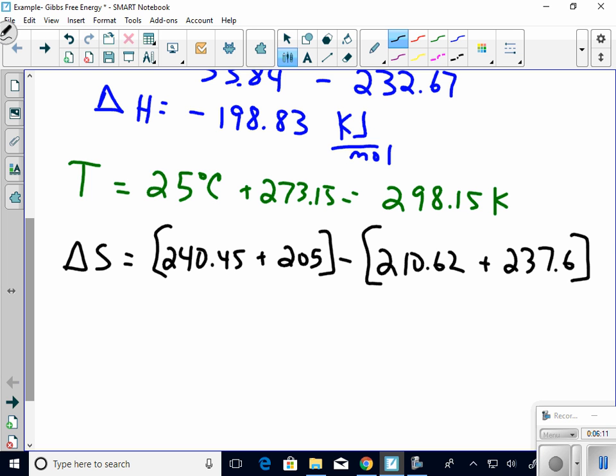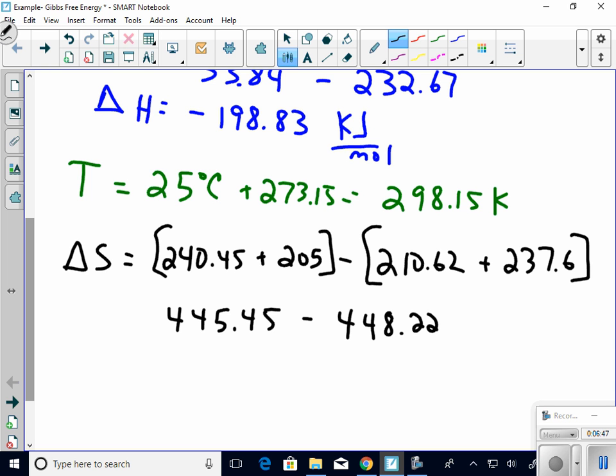So I look at my numbers, just making sure that they look ballpark. They sure do. So I'm going to take 240.45, add to that 205, and I get 445.45. And I'm going to take 210.62, add to that 237.6, and I'm going to get 448.22.